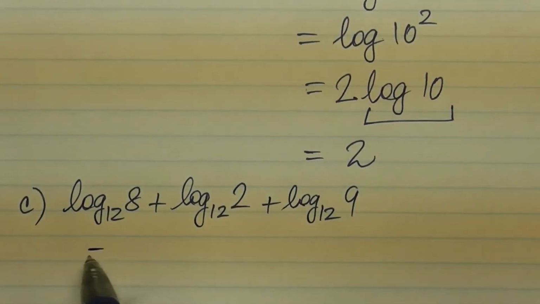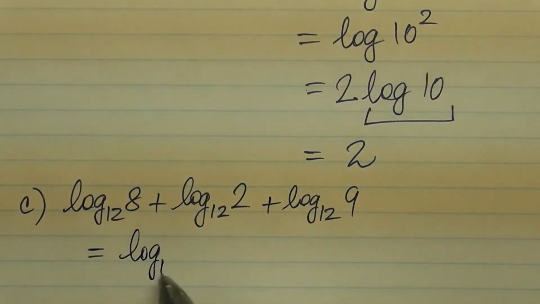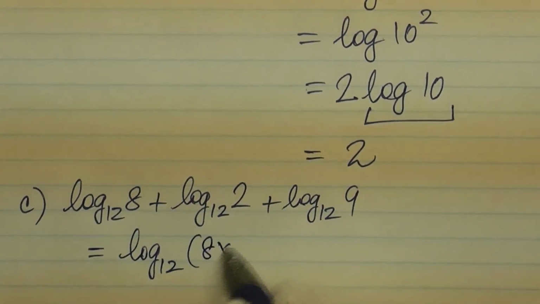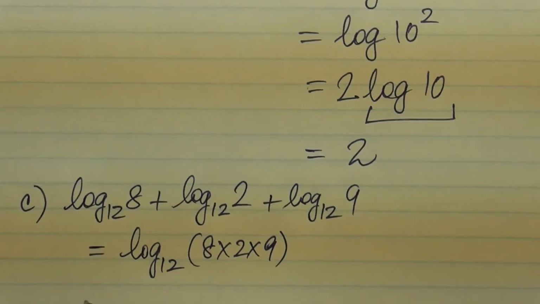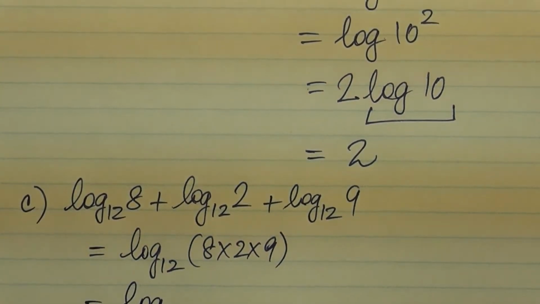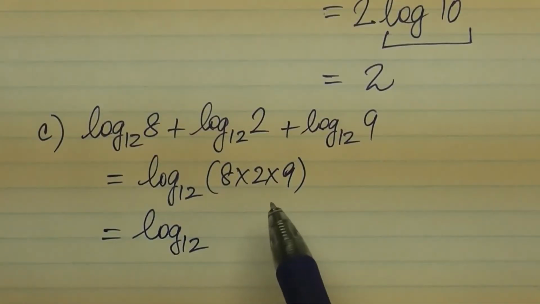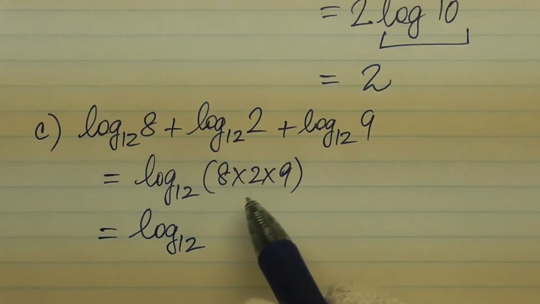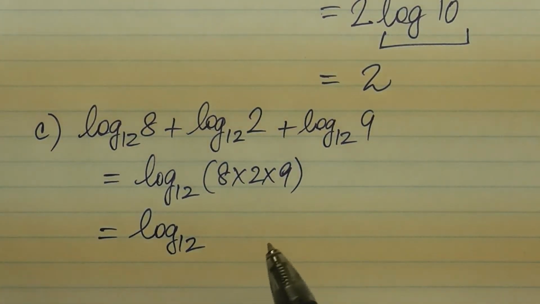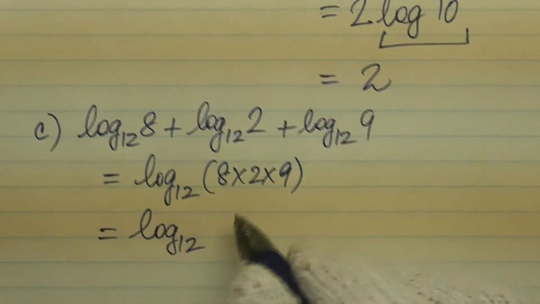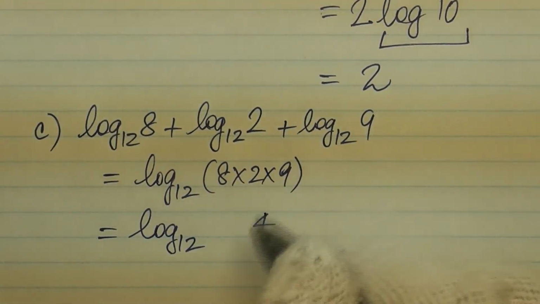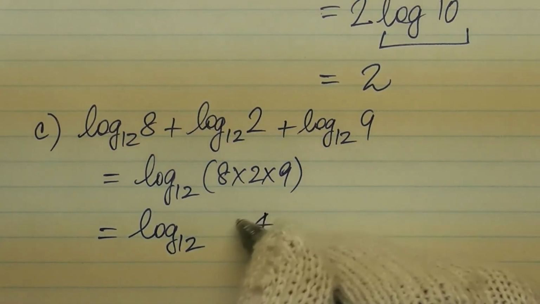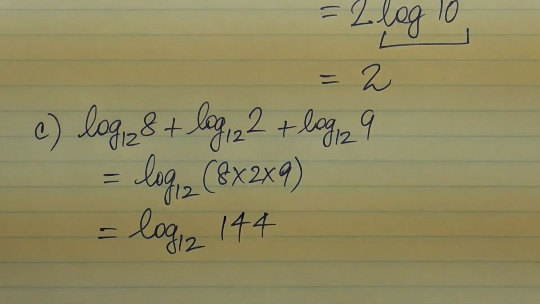So this is going to be log base 12 of 8 times 2 times 9, which is the same as log base 12 of 8 times 2 is 16, 16 times 9 is 144.